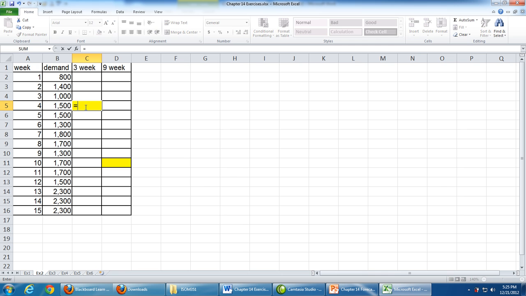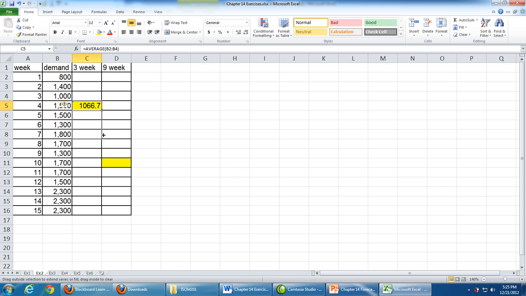So the first forecast is going to be for period 4, which equals the average of the last 3 periods. We can say that the forecast for period 4 equals the sum of the last 3 periods divided by 3.